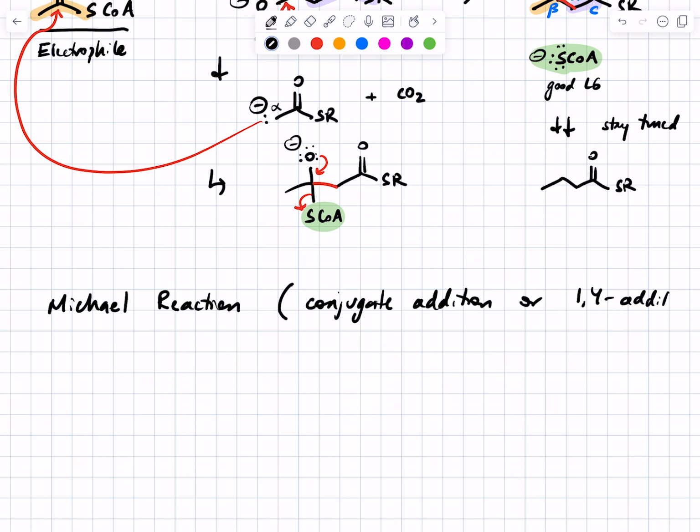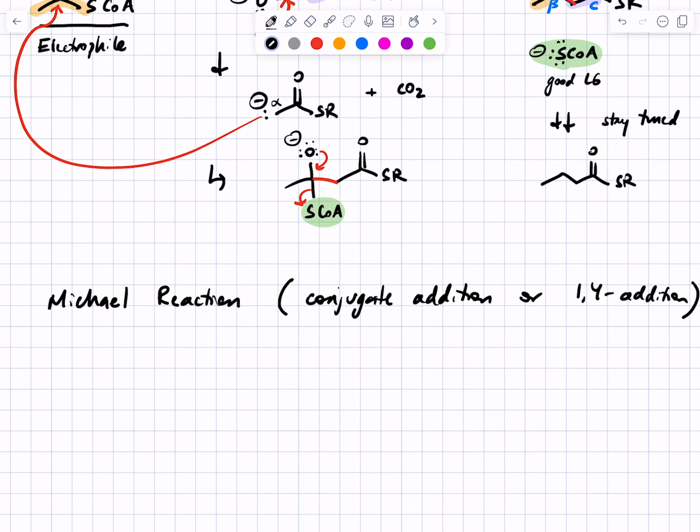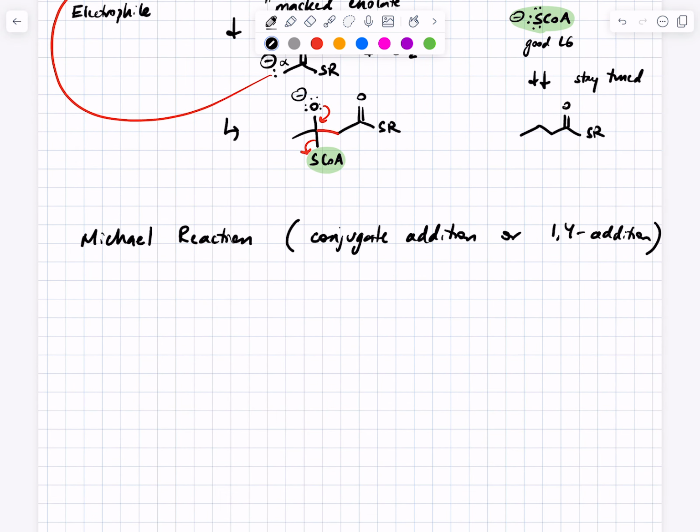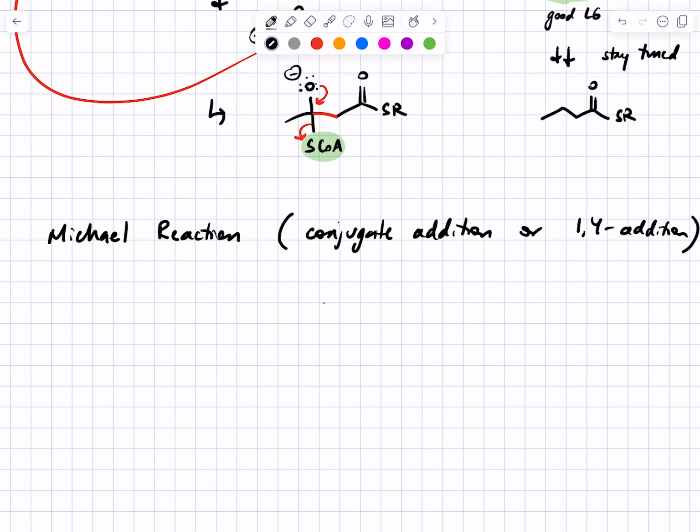We previously saw an example of 1,4 addition in chapter 13, where we learned that cuprates will react with the beta carbon of alpha beta unsaturated carbonyl compounds. Here's an organocuprate, and here's the attack on the beta carbon to give us an enolate intermediate.